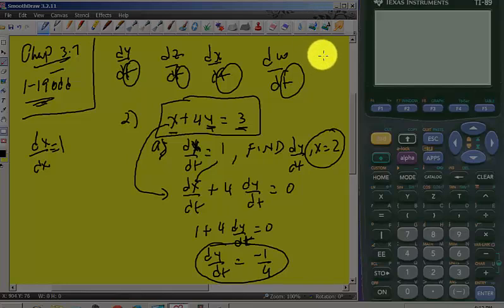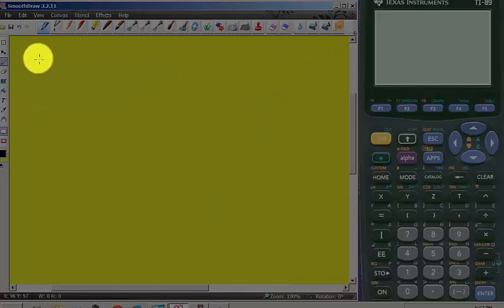So let's go on to do a more difficult one, like number 4. All right, this is number 4, on page 223. This is x squared plus y squared is equal to 2x.